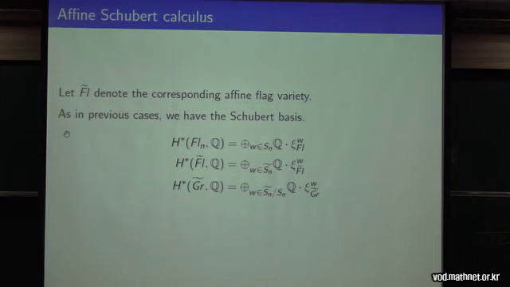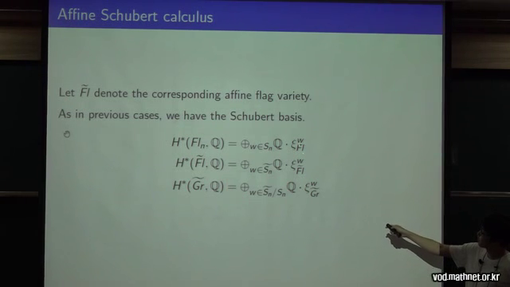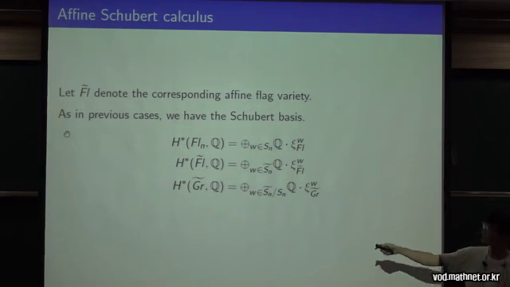As I said, I'm just going to denote FL for the affine flag variety without defining it, but there are also Schubert bases as in the previous cases. For the flag variety, Schubert bases are indexed by W in the symmetric group.